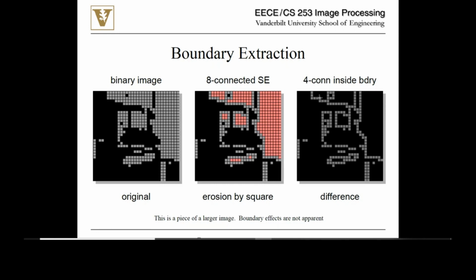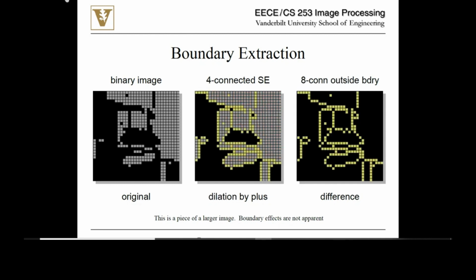It is a much stronger connection. And there is another label here, inside boundary. An inside boundary is a boundary that is contained in the original image. All these pixels here were originally contained in the foreground of the binary image.